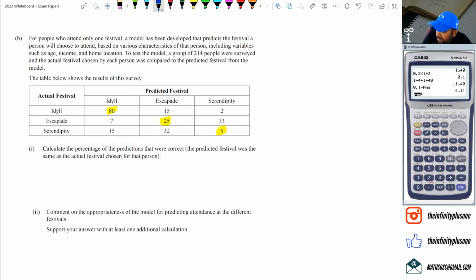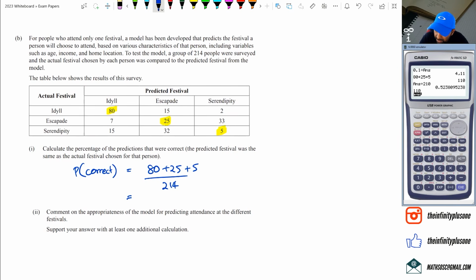So the probability that was correct is 80 plus 25 plus 5 divided by 214, that's 110 divided by 214.